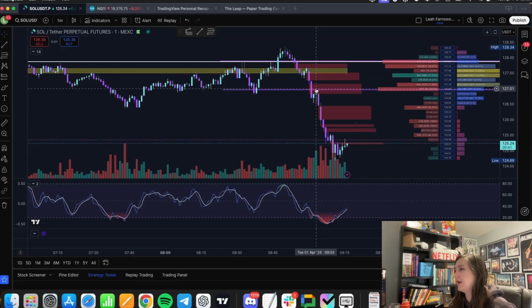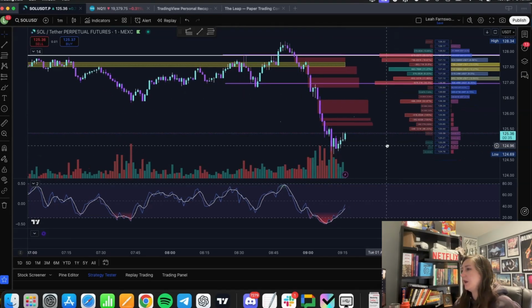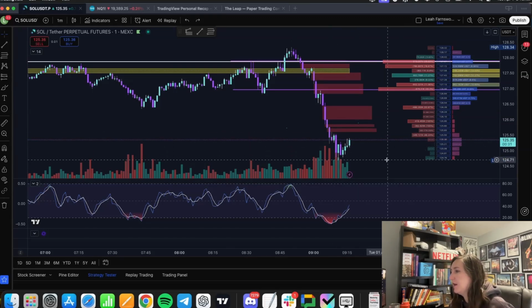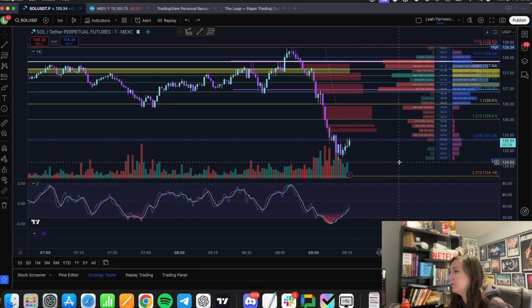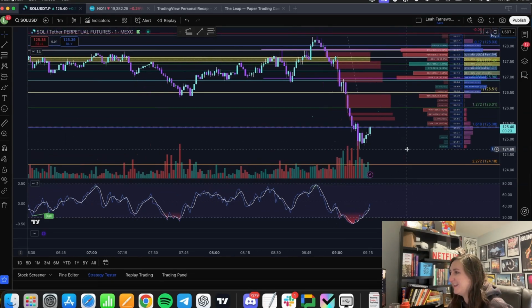You could have entered right here, and I entered late on this, but I entered around right here, and it was still around $200 profit. Hit that 1.618 beautifully, as you guys saw there. Came down even a little bit further. I thought it could reach this 2.272, but I guess it just didn't have it in it.